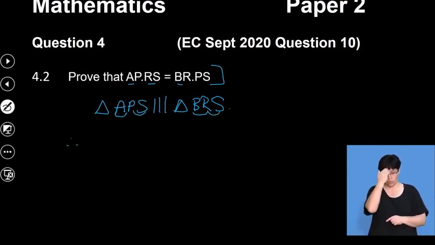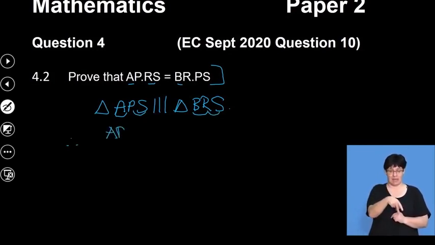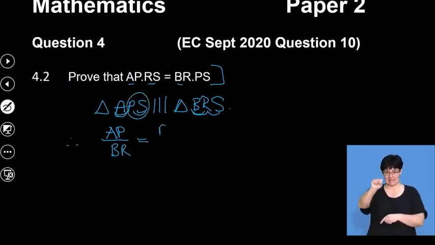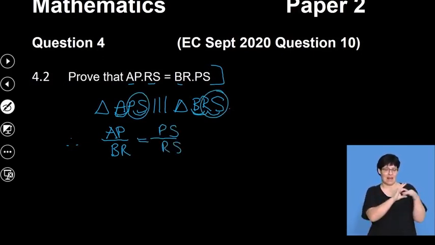So therefore you know that AP in this triangle over BR in this triangle, so remember AP links with BR, must be equal to PS in the first triangle over RS in the second triangle. Again, those two link. So use your rainbows to link the sides together like that.